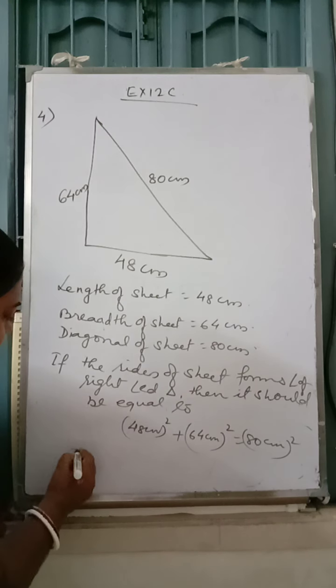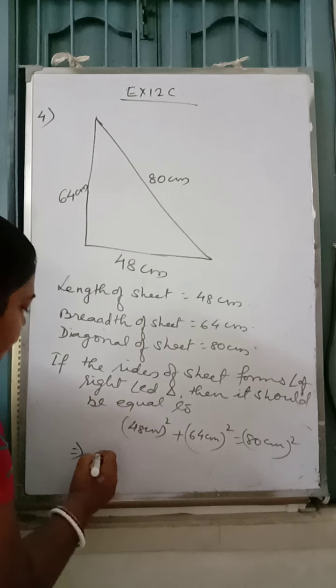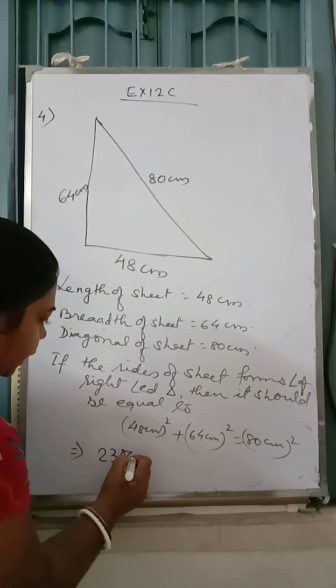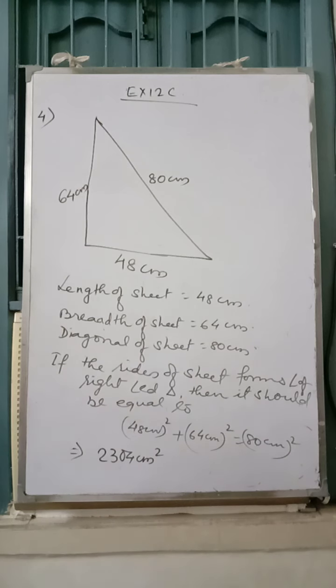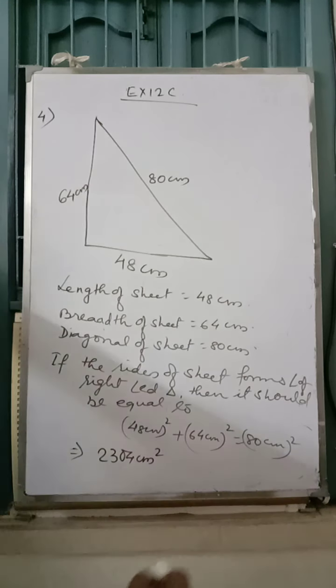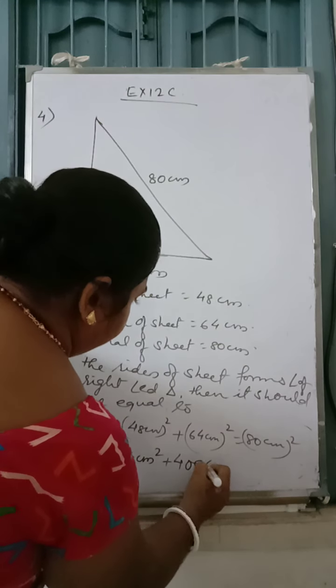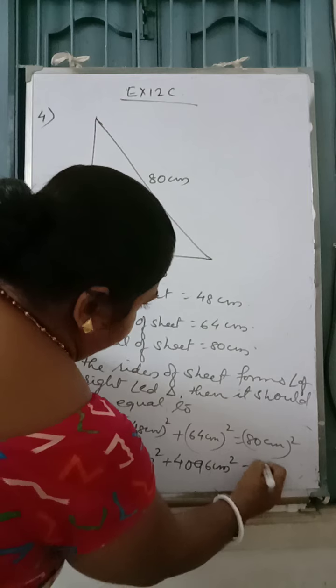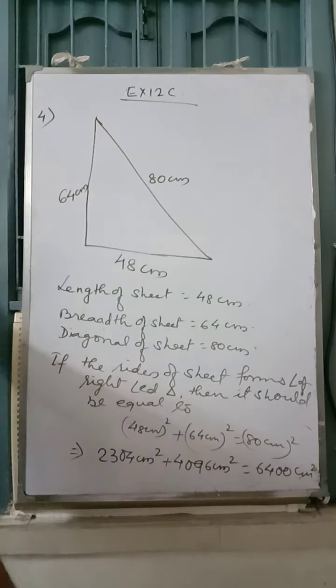Now we'll just see 48 into 48 centimeter, it gives you 2304 centimeter square. 64 into 64 centimeter, it gives you 4096 centimeter square, and 80 into 80, it gives you 6400 centimeter square.